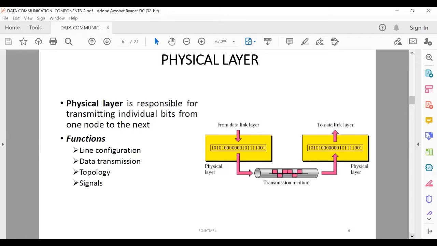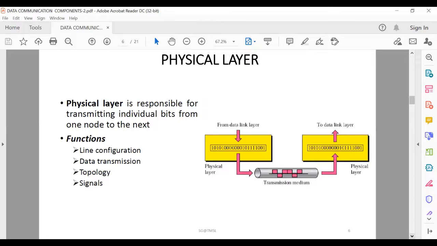So basically, the functions of this physical layer are line configuration, data transmission, topology, and signals. In line configuration, it defines the way in which two or more devices can be connected physically.